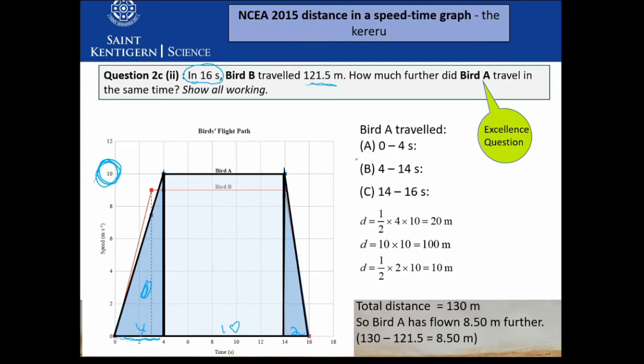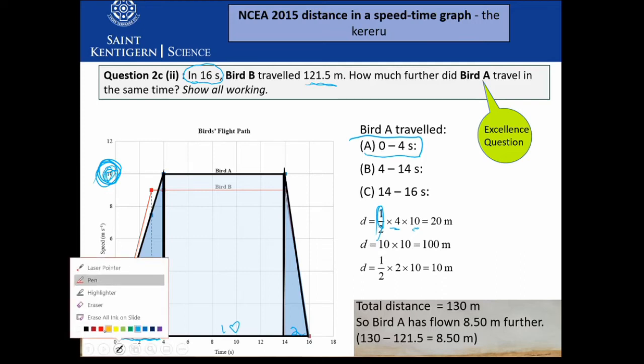So for my first, bird A traveled from 0 to 4 seconds. Now looking at that first section, it was half times 4 times 10. So half, because it's a triangle, times 4 times the height, which is 10.